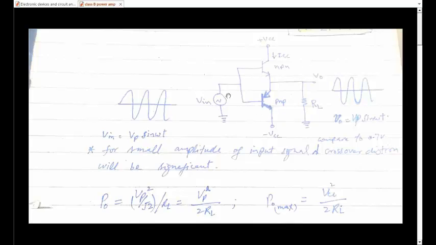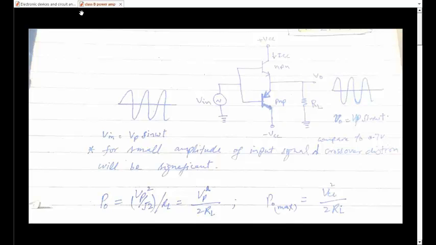When you increase the input from 0 to 0.7 volts, the junction is not forward biased until 0.7, so the current remains 0 and the output also remains at 0. For an input signal between 0 and 0.7 volts, the output would remain at 0.